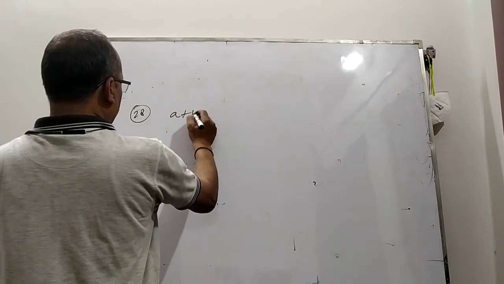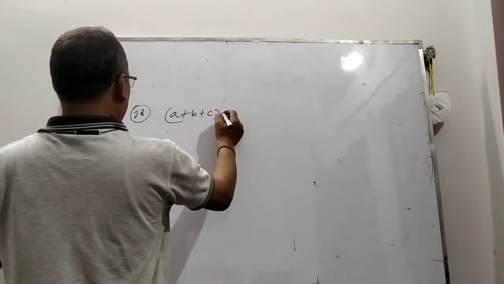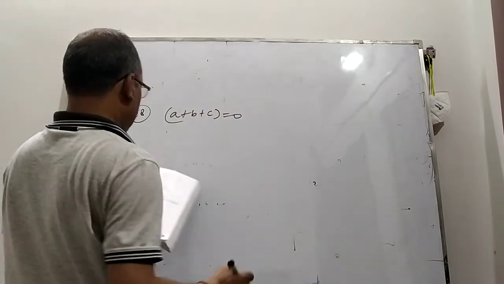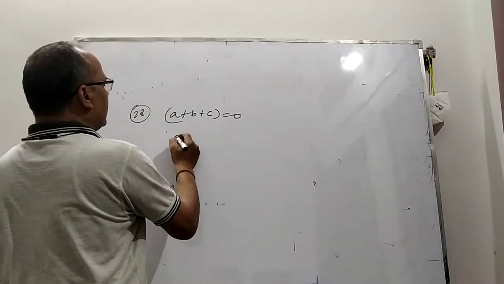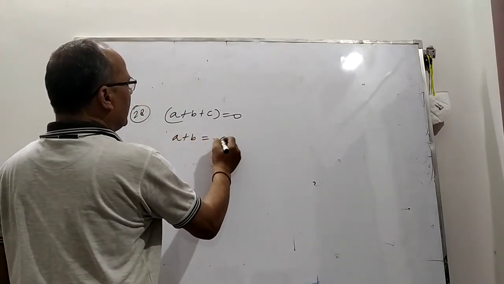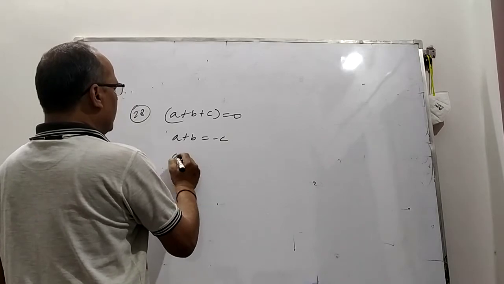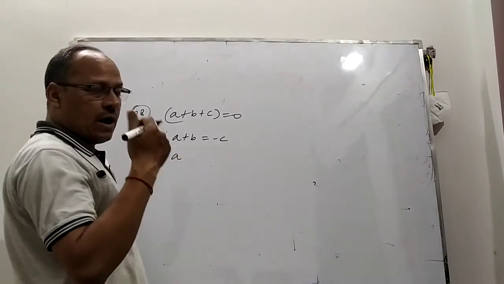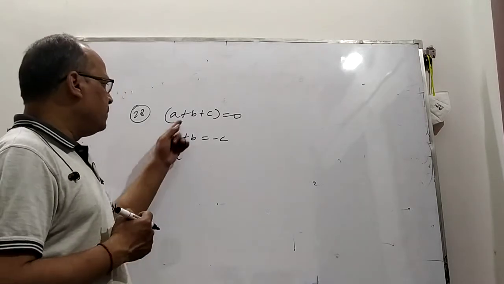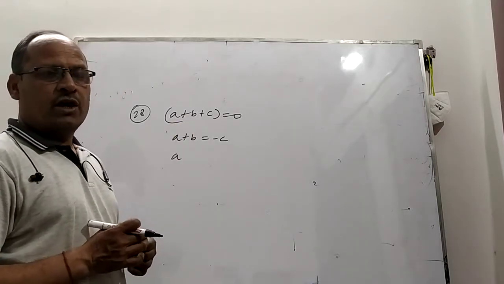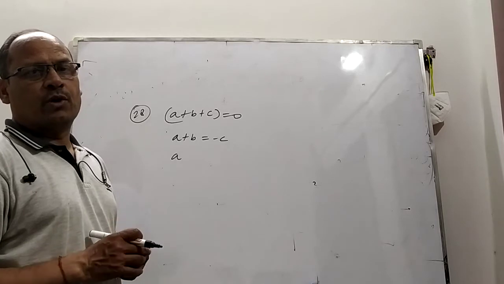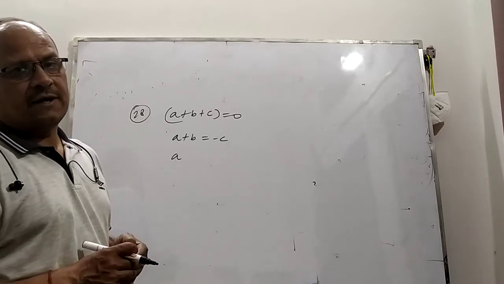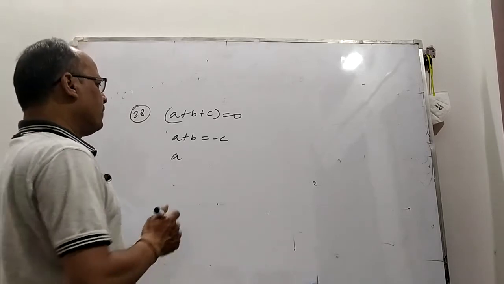A plus B plus C equal to 0 is given. A plus B equal to minus C. Another formula you have already studied: if A plus B plus C equal to 0, then A cube plus B cube plus C cube equal to 3ABC. You can also use that formula.